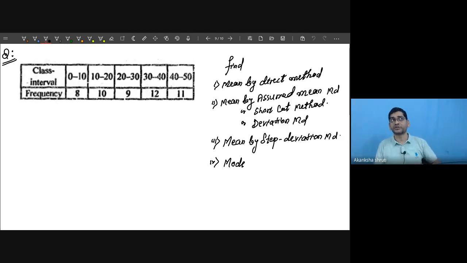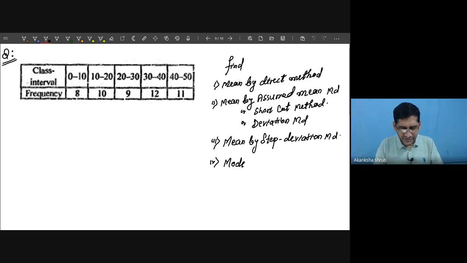Later on we will learn about the mode, and then I will find the mode of this given grouped data. It is grouped data. Why? The class intervals are given. In the class interval 0 to 10, there are 8 data, but we do not know exactly whether these 8 data have the value 0, 2, 5, 7, whatever. That exact value is not known. That's why it is called grouped data.